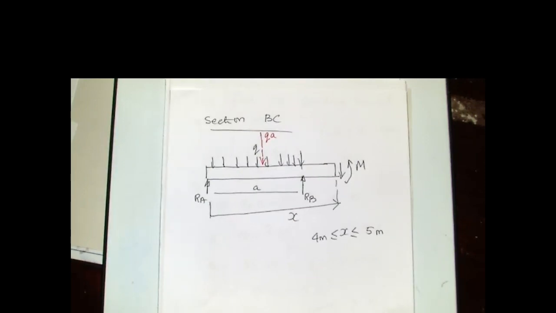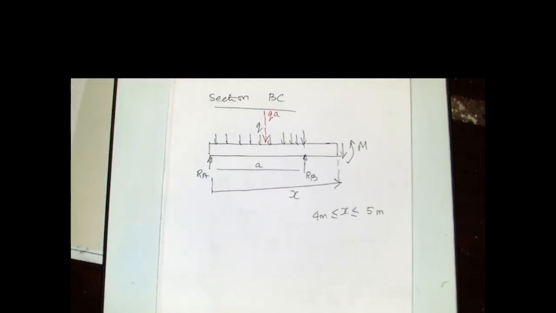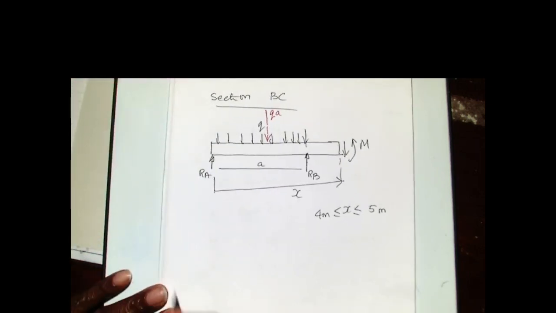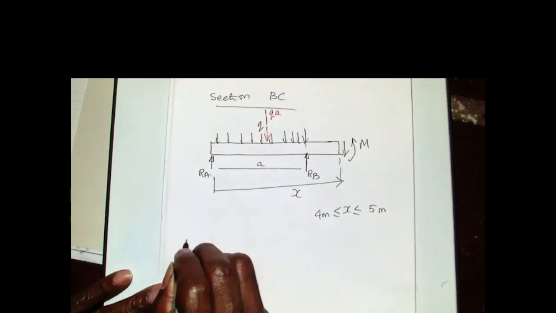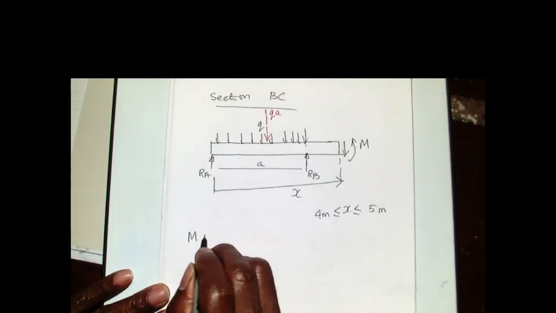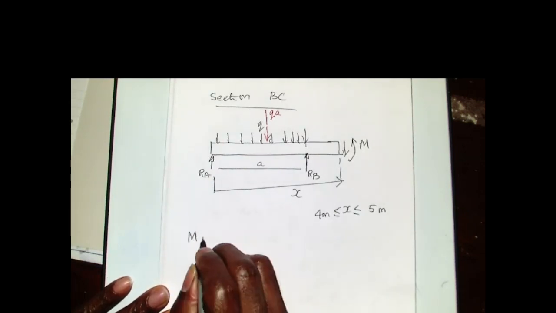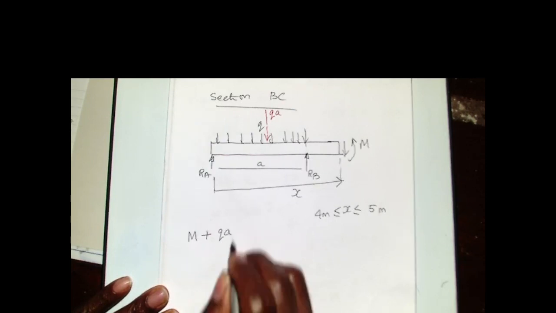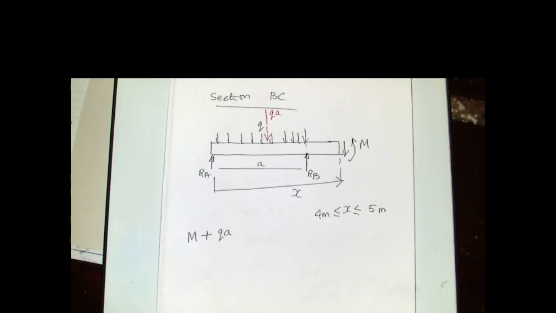So when we take the moment, we have to consider that as well. So let's now write our moment equation. That bending moment M, I would say plus QA, which is the force acting through the center there.